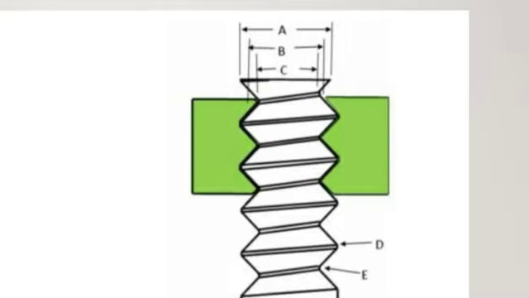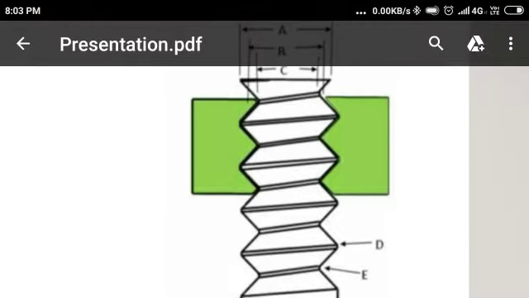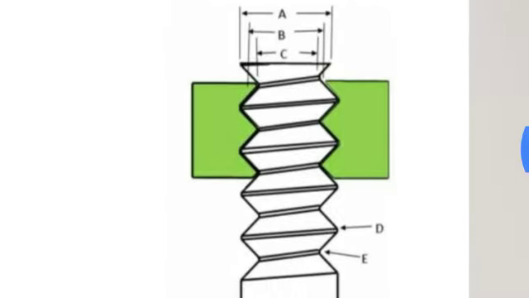Now you know about A, C, D and E. Then what is B? Observe B. B is passing between A and C. So B is known as the pitch diameter.